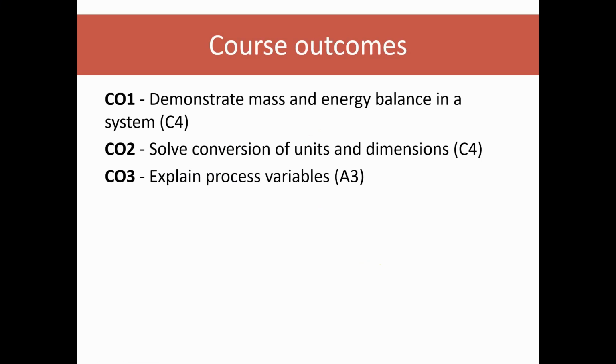In terms of the course outcome, at the end of the semester, we expect the student will be able to first demonstrate mass and energy balance in a system. So you will be able to demonstrate how to do the balance between mass and energy in a system related to food engineering. Secondly, you are going to be able to solve conversion of units and dimension.